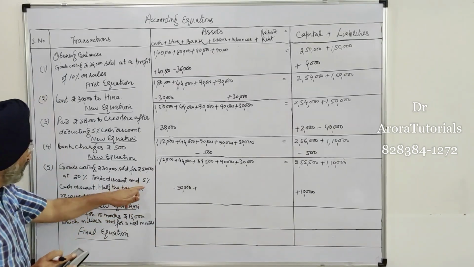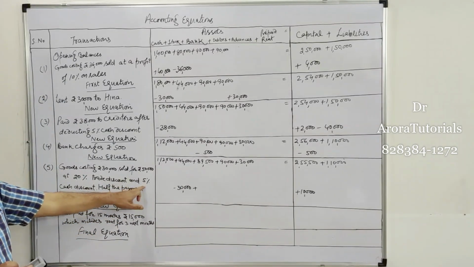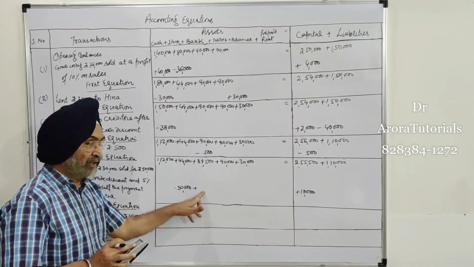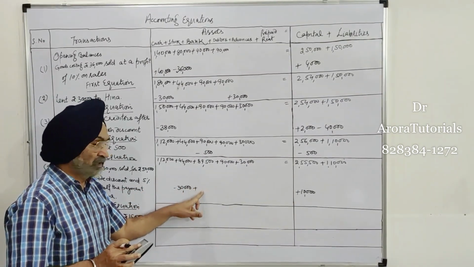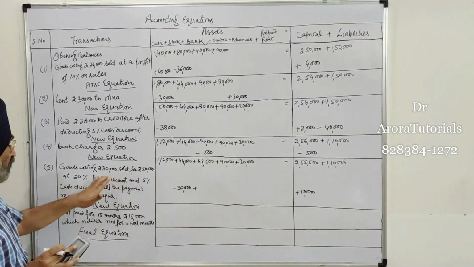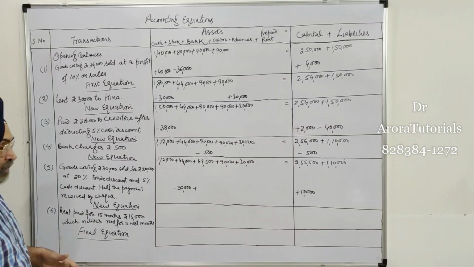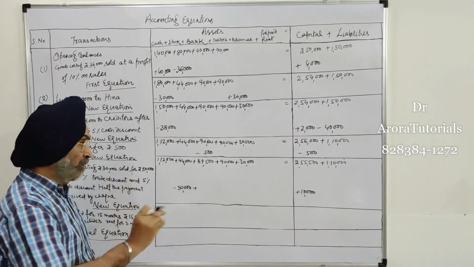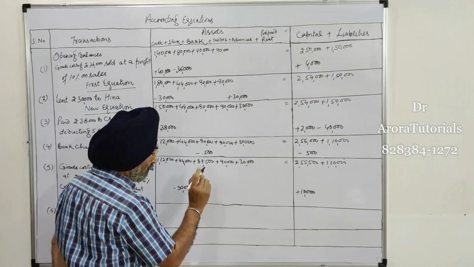Had not there been any cash discount, 20,000 will come as a bank balance will increase. But because we are allowing 5% cash discount, so instead of 20,000, 5% discount will be given on 20,000.